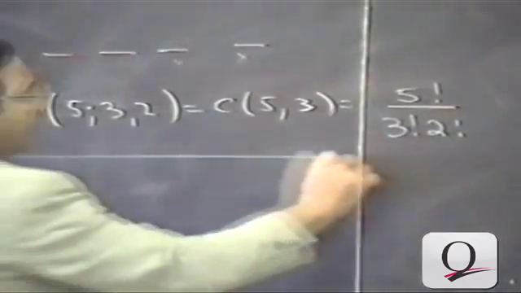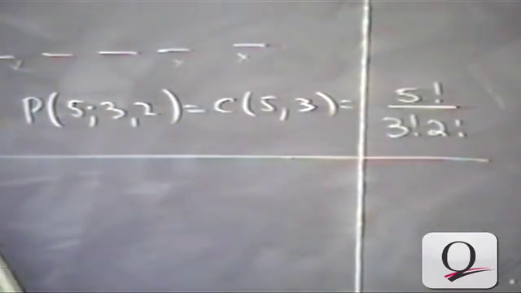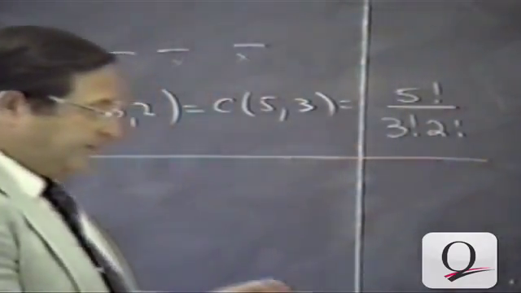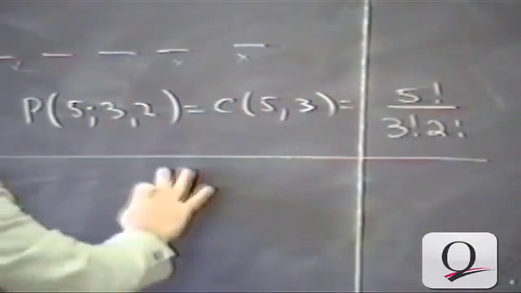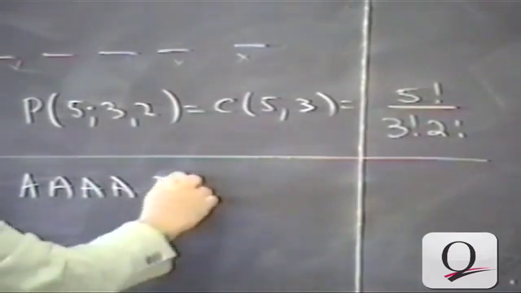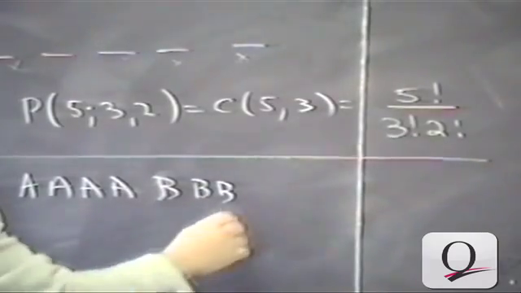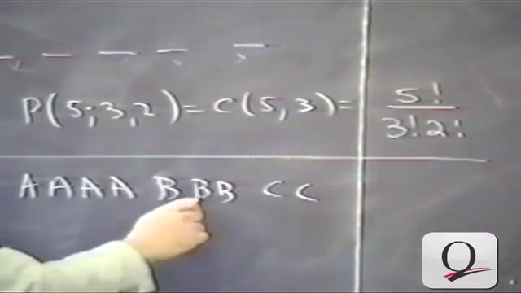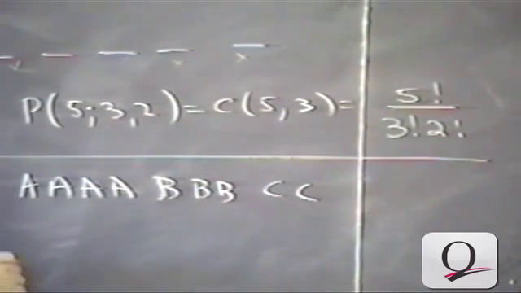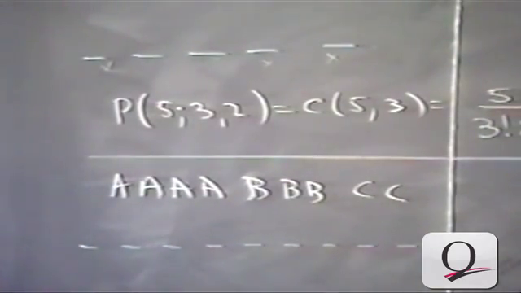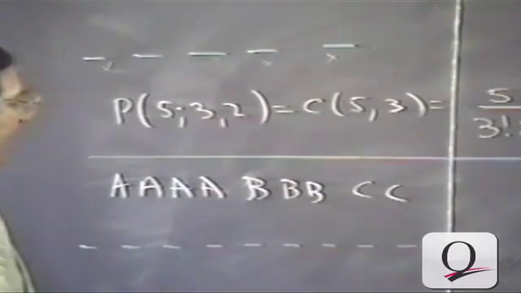Suppose I had, well, let's take an example here. Now I had 4 A's, 3 B's, and 2 C's. So I have 9 places. And the first thing I could do is choose the 4 places for my A's.